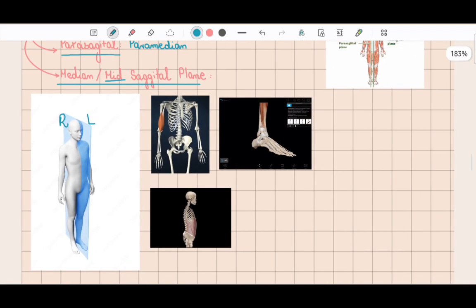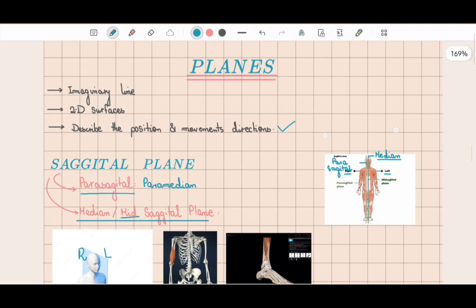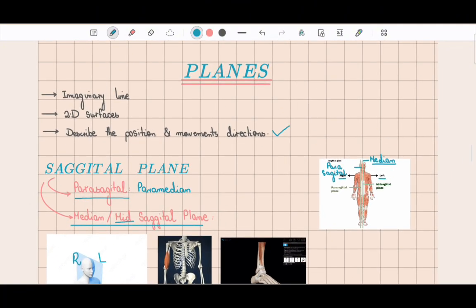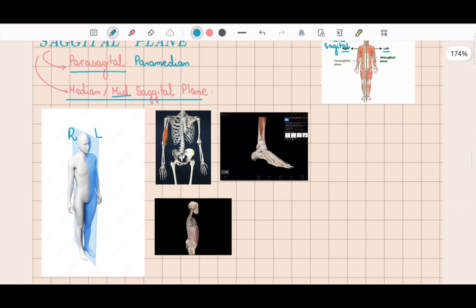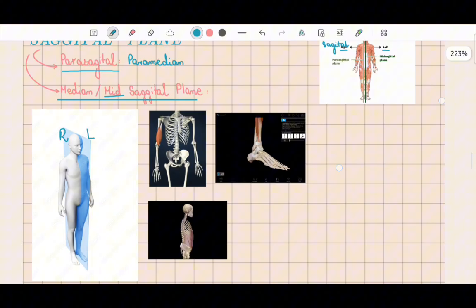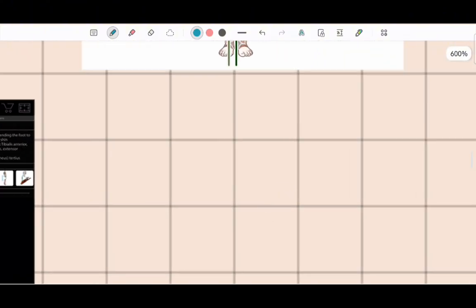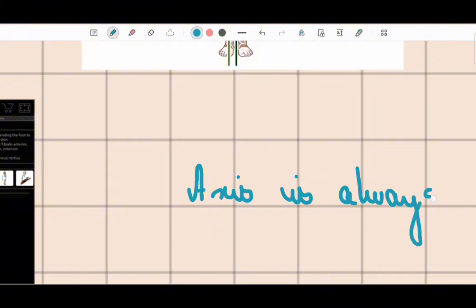We have read here that the plane describes the positions and the movement directions. So let's see which movements are basically occurring in the sagittal plane. Before learning this, let me tell you a tip here, that is, the axis is always perpendicular to the plane.